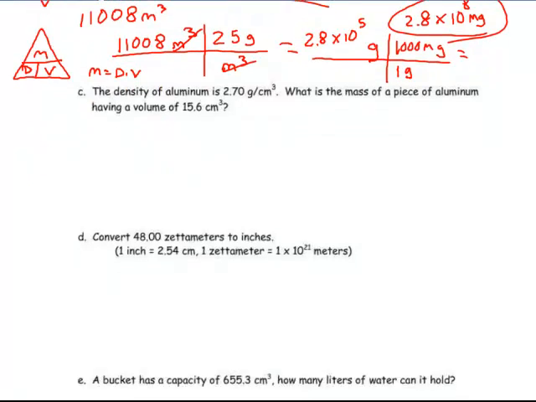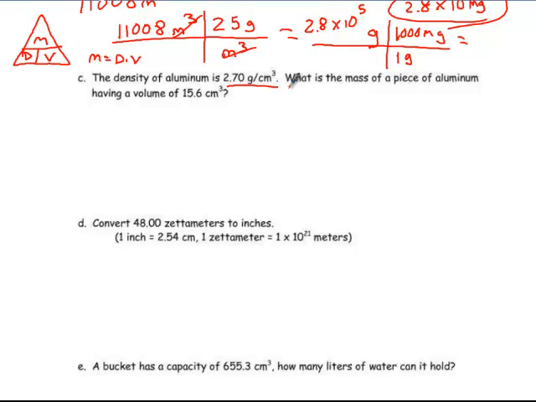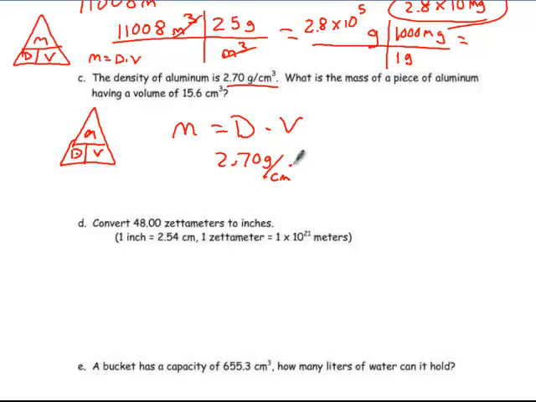All right, next question. The density of aluminum is 2.70, so I give you the density again. So once again, that same triangle. Remember, mass has to go on the top. We're looking for mass. Mass equals, hold your hand over the mass, D times V. So 2.7 grams per centimeter cubed times the volume, 15.6 centimeters cubed. Notice the volumes are the same, so they cancel, and my unit will be in grams.